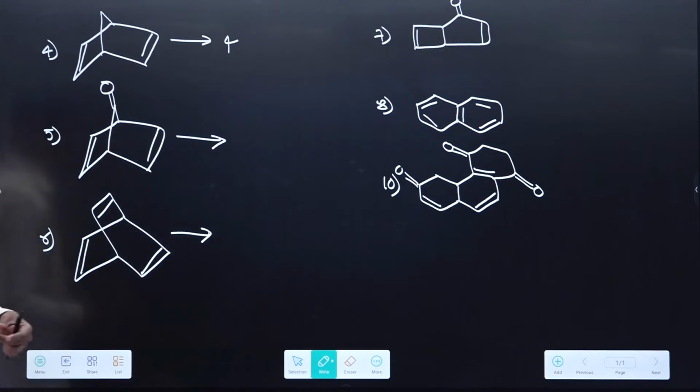Clear? So take down these molecules, work out later.